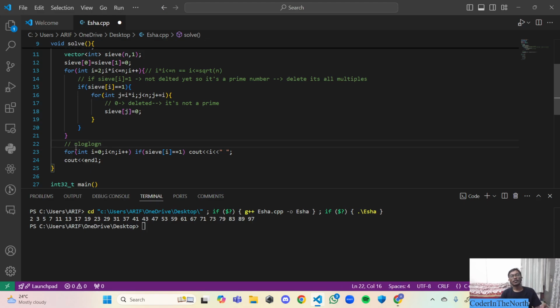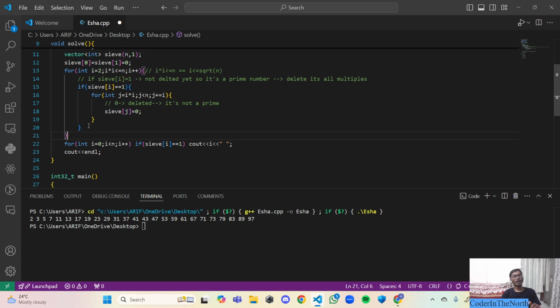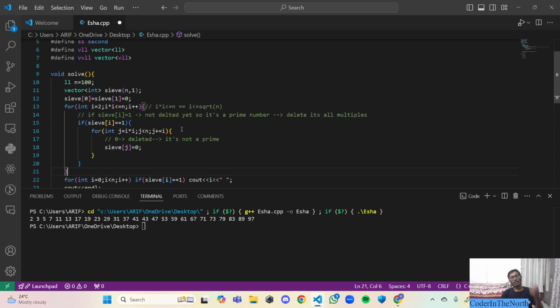You can read the blog from CP Algorithms, where I think they proved how it's n log log n. If it's there, I will provide the link of that blog. And yes, this is it.